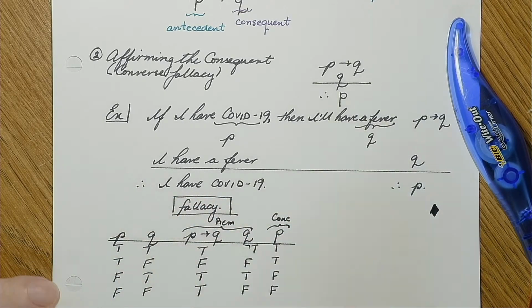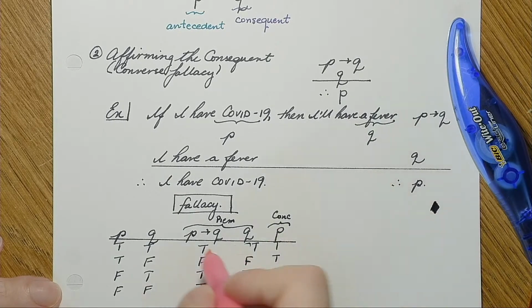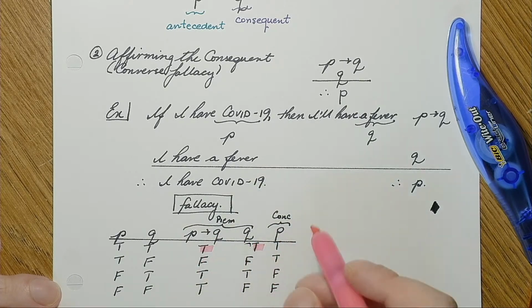Same thing, we'll look through where we have true and true, and that generates true.